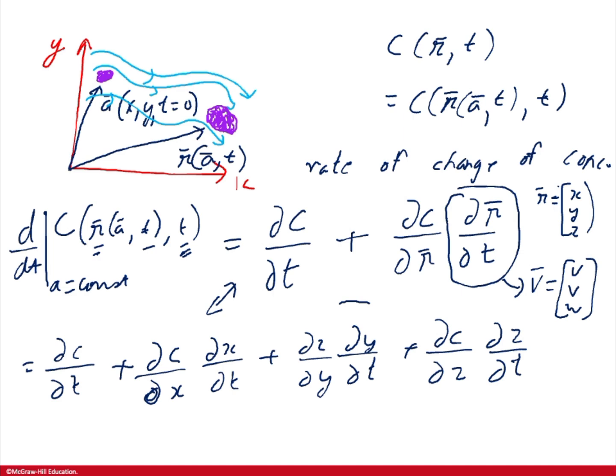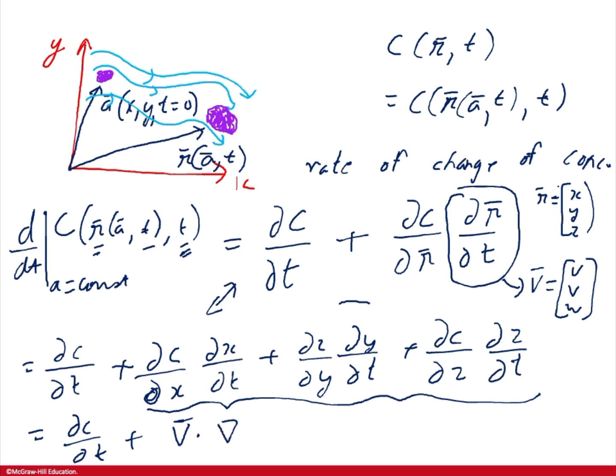Because we are considering a three-dimensional object, we generalize. This operation has a shorthand, which is the gradient operator. So velocity vector dot the gradient operator times c, right?